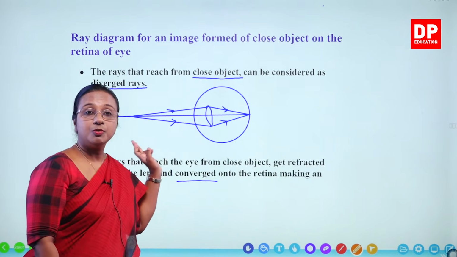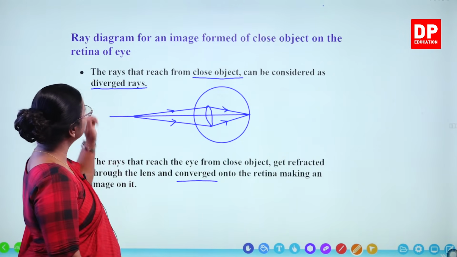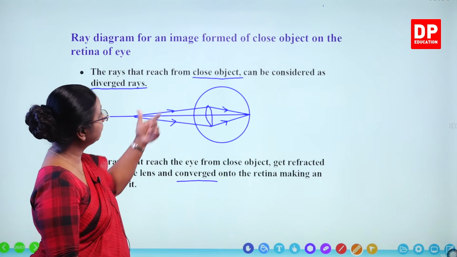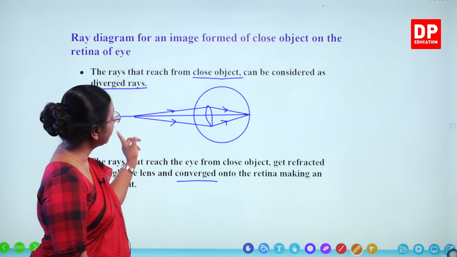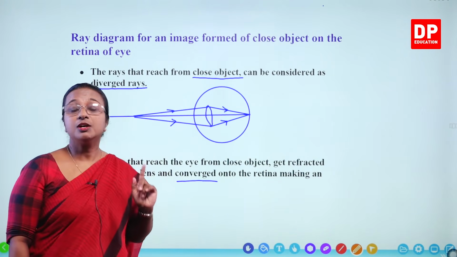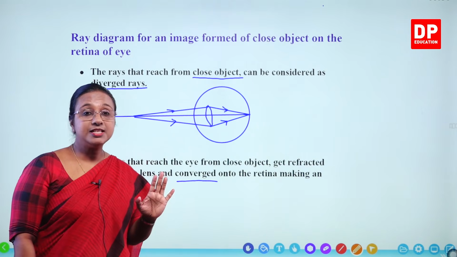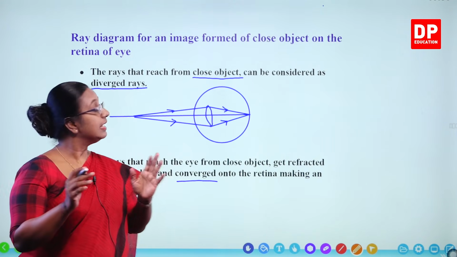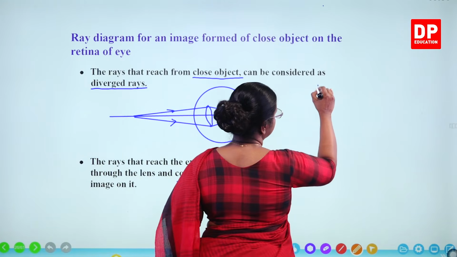In both these instances, we looked at the ray diagram. Previously, we looked at the ray diagram for a far object. Now, this is a ray diagram for a close object. In both instances, whatever the object distance is, always the image distance is fixed.